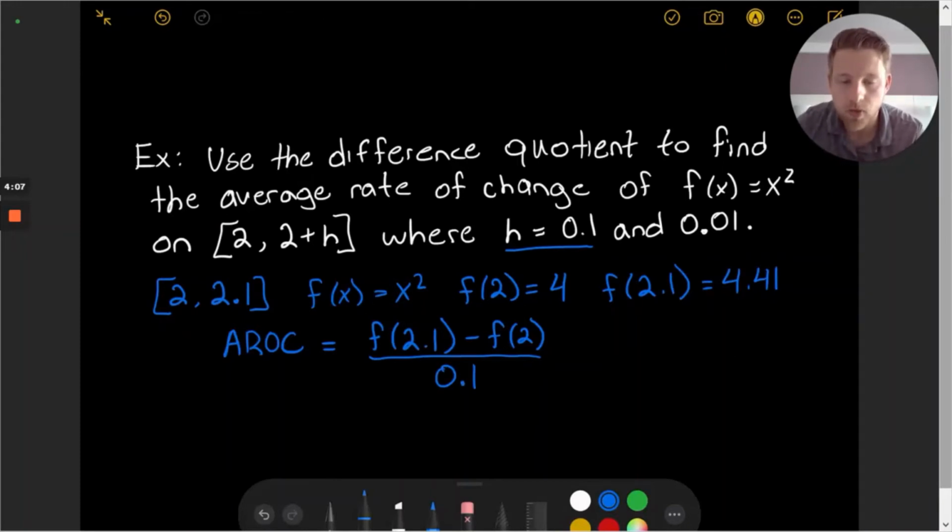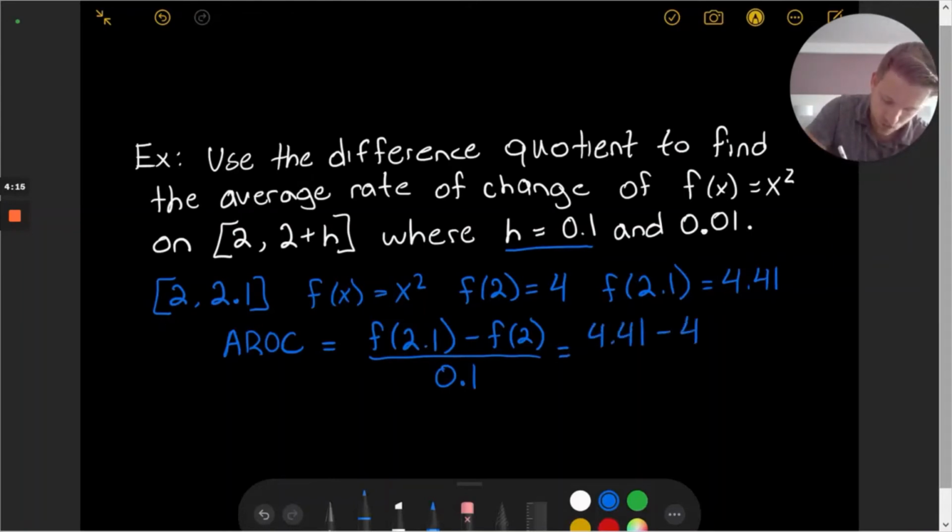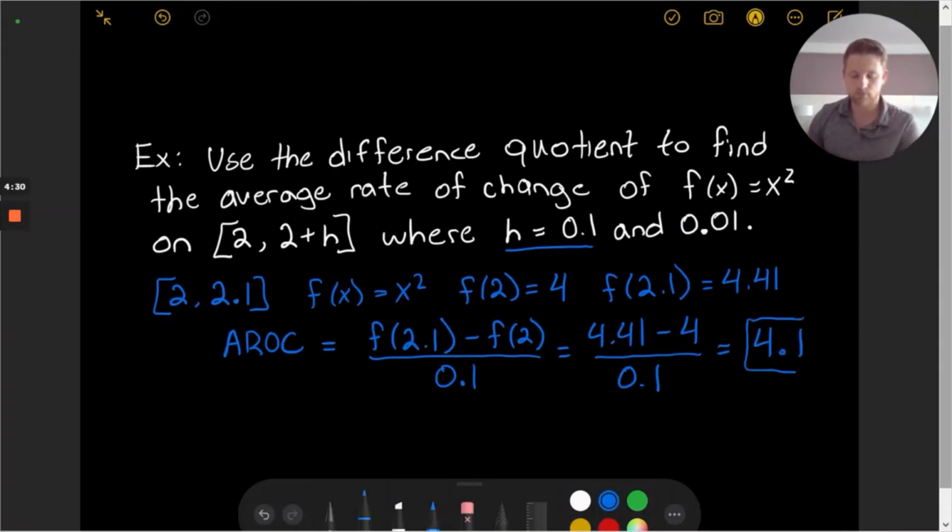So let's follow through with this calculation. We have 4.41 minus 4, and then divide by h, which is 0.1. When we do so, we'll find that this difference quotient gives this average rate of change to be 4.1. And that would be the first part of our problem.